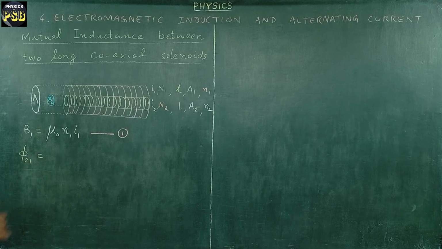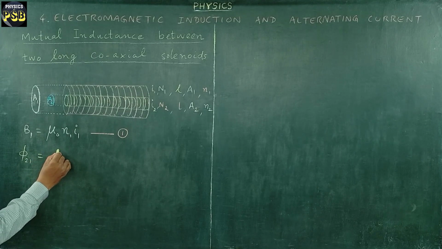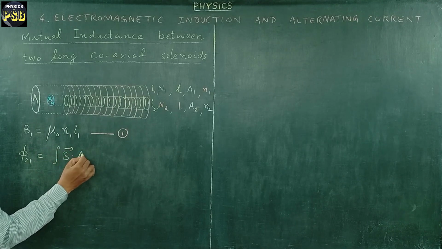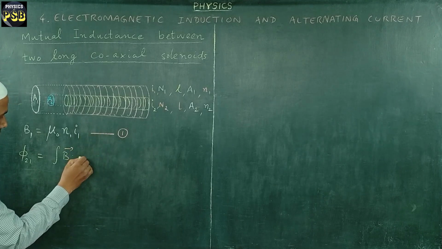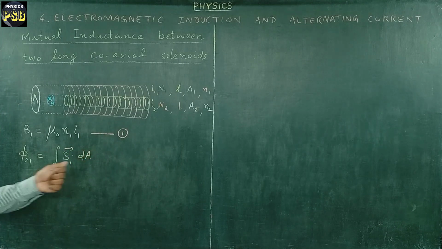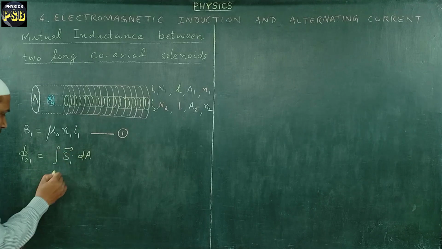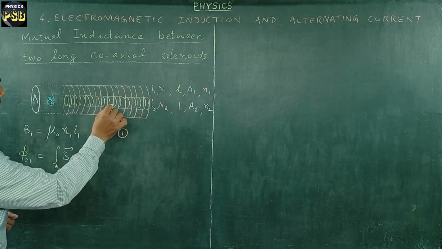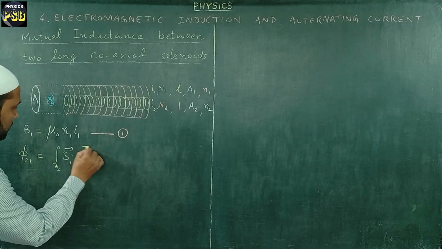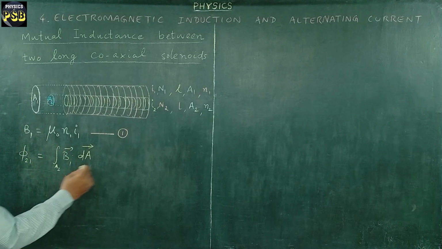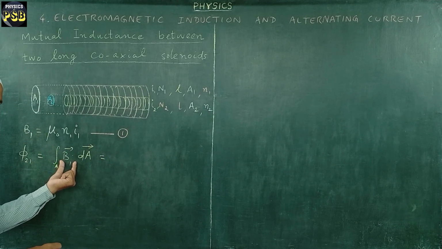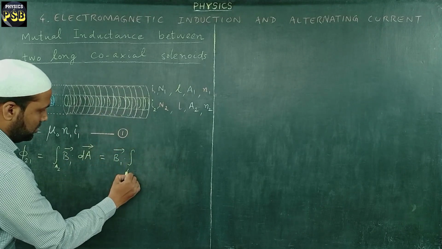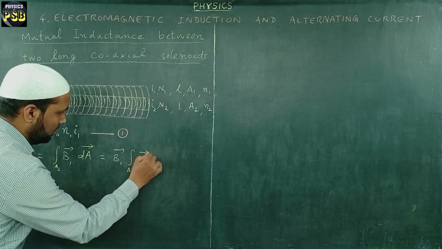And it is equal to the integral of B1 vector dot dA vector. Here A represents A2, the area of the second solenoid. This is a vector. Now B1 is a constant, so it is taken out of the integration.